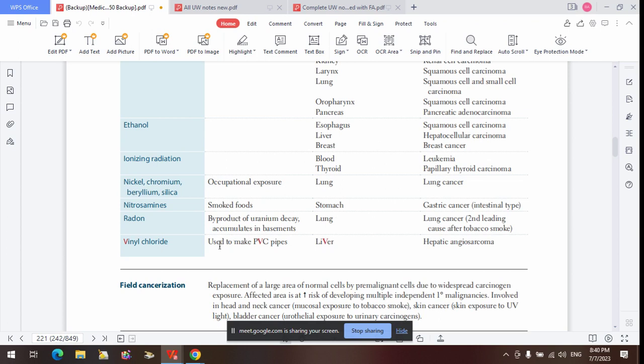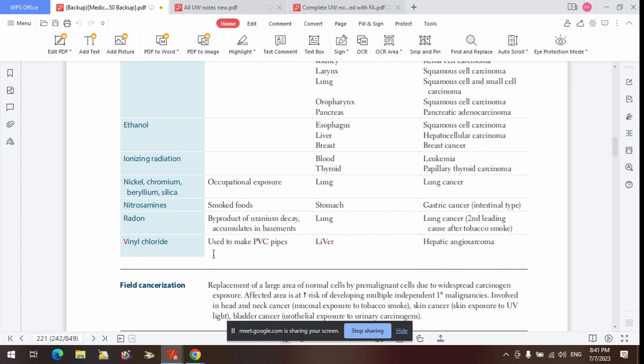Then we also talked about nitrosamines that we get from smoked food. And we said this is very common among the Japanese. So they develop gastric cancer, of the intestinal tract, from consumption of so many nitrosamines from their smoked food. Then we said vinyl chloride, just like arsenic, both of them can cause hepatic angiosarcoma. So there's a tumor of the endothelial cells of the vessels supplying the liver, hepatic angiosarcoma, which is metastatic.